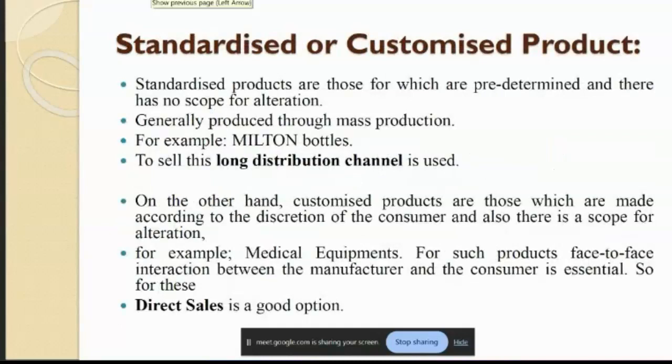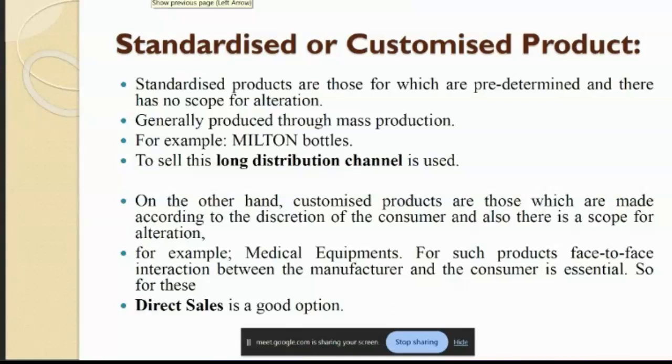Second is how standardized or how customized your product is. If you have a standardized product, that means everything is predetermined, so there is no scope of alteration. For example, when you are making thermos bottles or Milton bottles, Milton is a brand, it is a very standardized product, and it requires a long distribution channel.